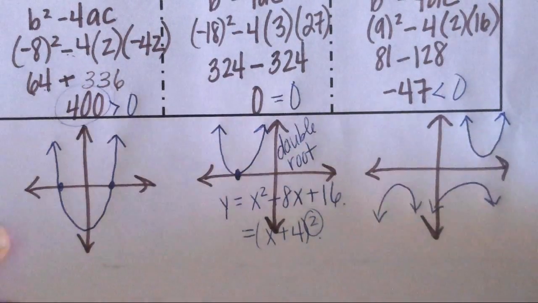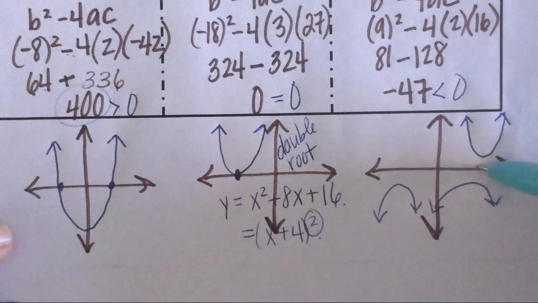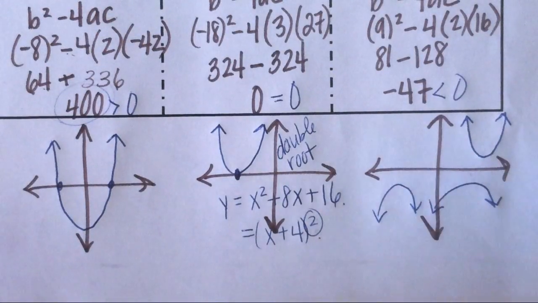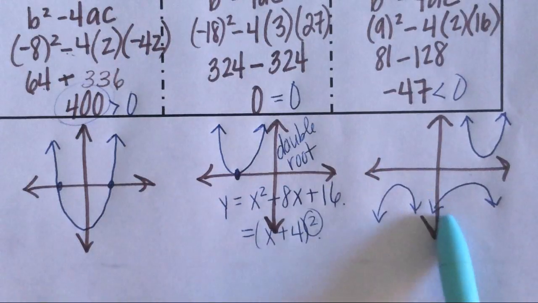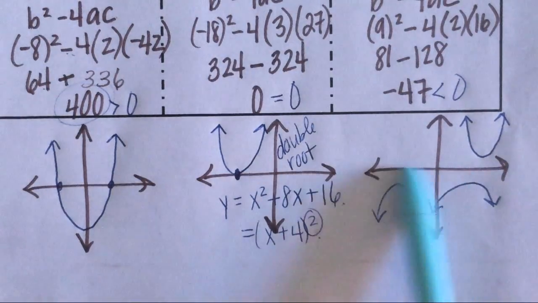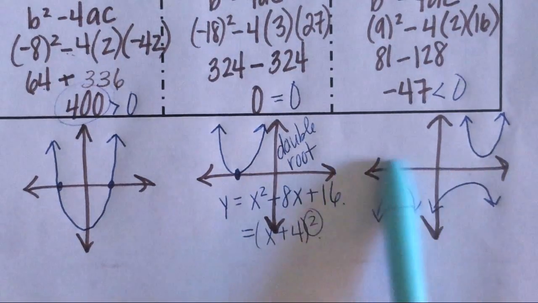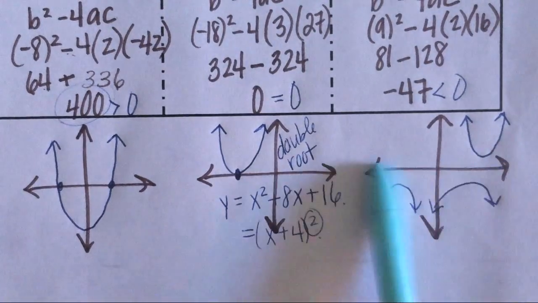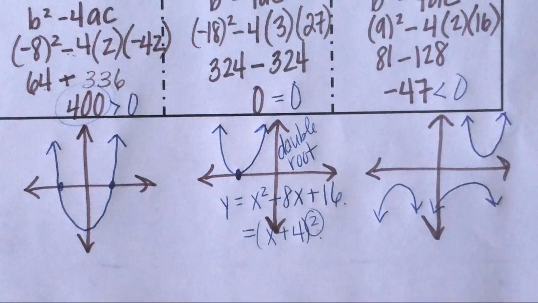It can look like anything as long as it doesn't cross that x-axis, even if there's a point on it. You'll notice it can cross the y-axis, but none of my examples in that third column cross the x-axis, because there is no real solution.